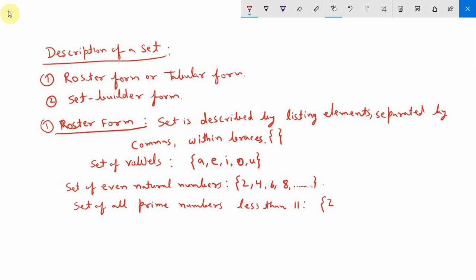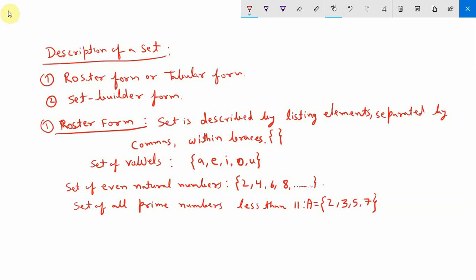If we write A equal to a set, A equal to 2, 3, 5, and 7. 11 will not be included here as it is saying less than 11. So these are the elements of this set A, which contains all the prime numbers less than 11.